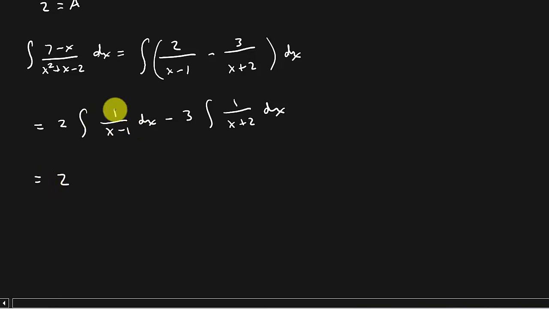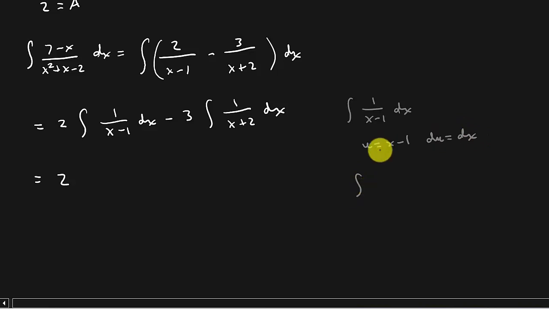So now we've got 2 times. Now, what's the antiderivative of this? Well, let's just come over here to the side and do this one. I'm not going to do this for every one that's like this, but I will for this one. If we have the integral of 1 over x minus 1 dx, notice if I let u equal x minus 1, then du is equal to dx.